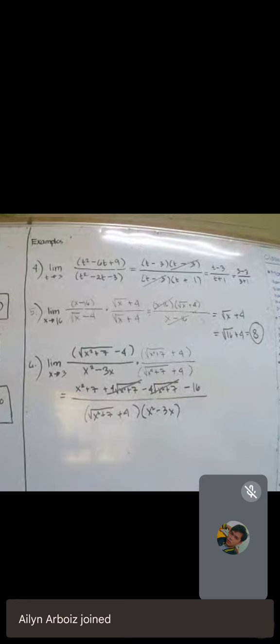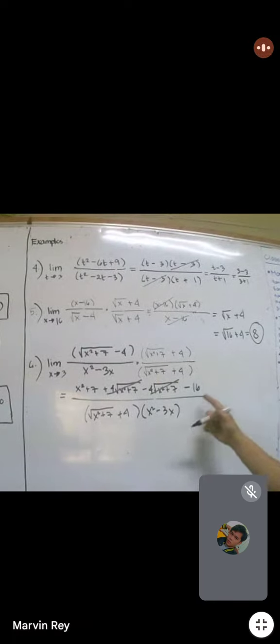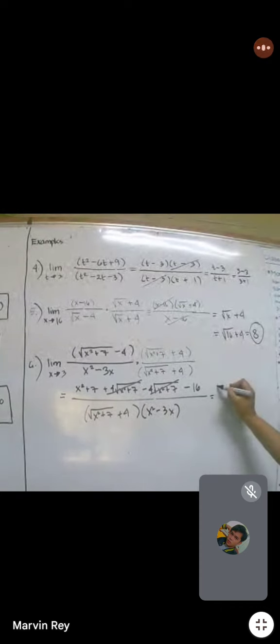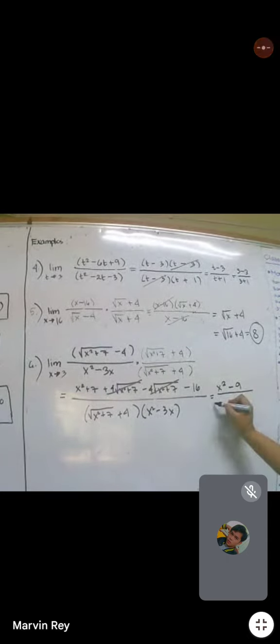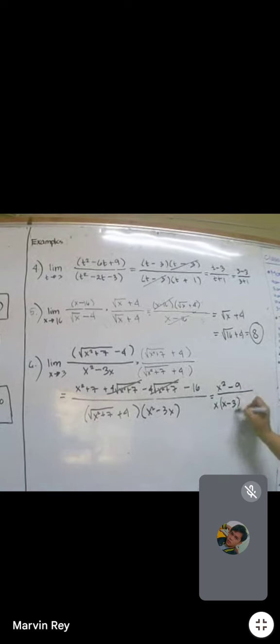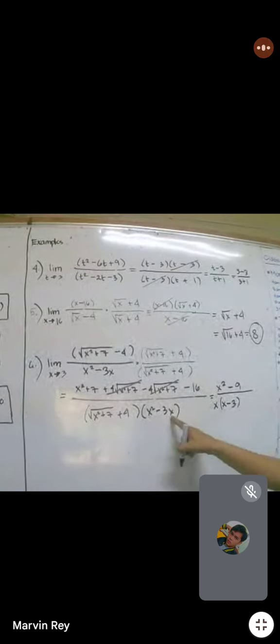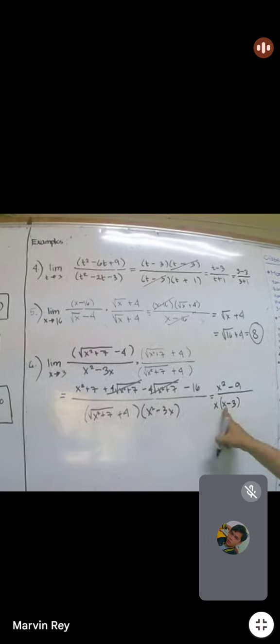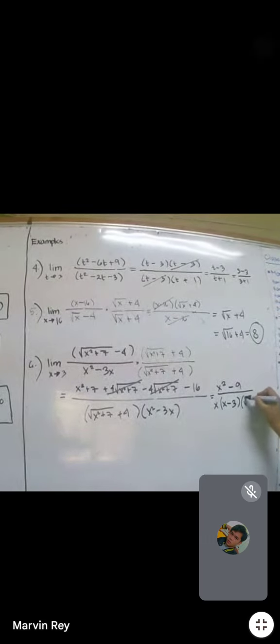Okay? Next, we can combine x squared plus 7 minus 16, which is x squared minus 9, right? Then this can be factored out: x, so x minus 3. You can factor out x, so x minus 3 remains, times square root of x squared plus 7 plus 4.